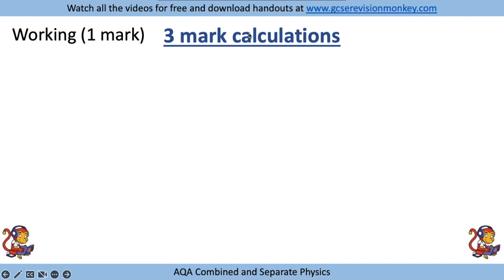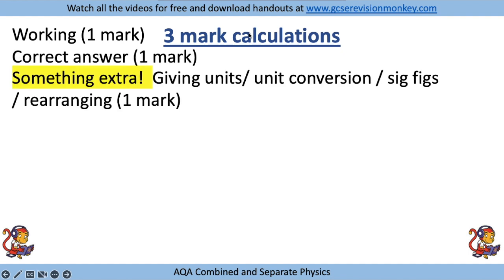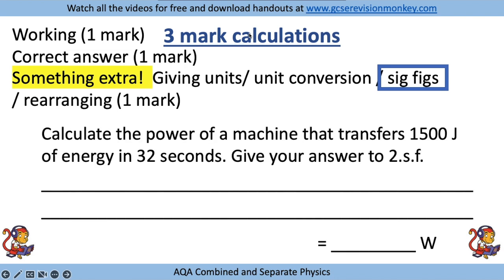Another thing to look out for in 3-mark calculations is giving your answer in significant figures. So here we've got a similar question, but this time it says give your answer to 2 significant figures, and that's what you'd be getting the 3rd mark for.